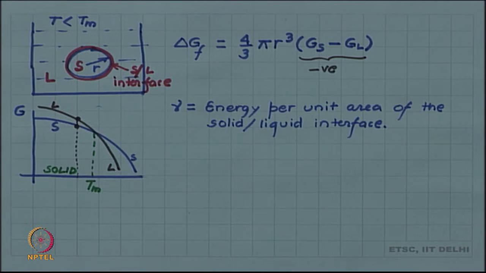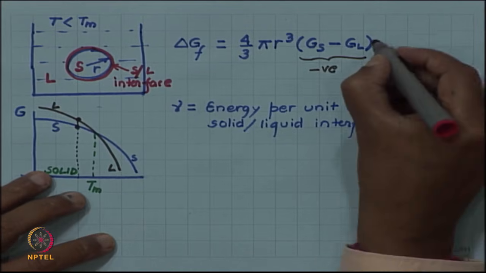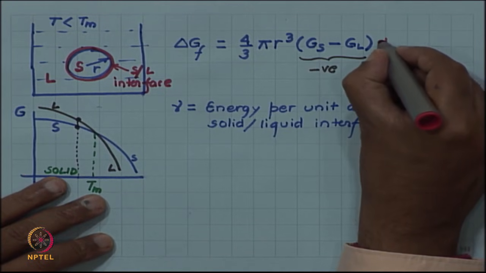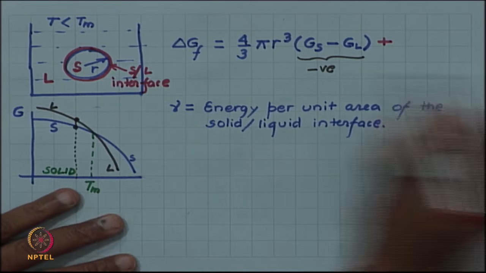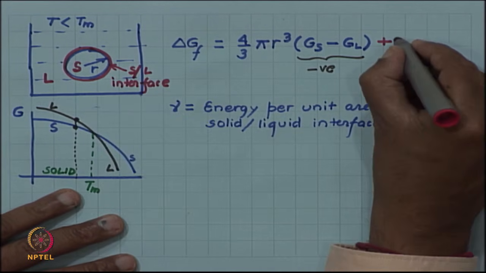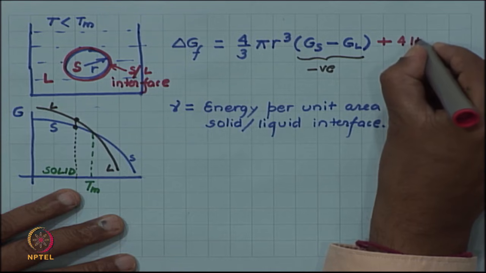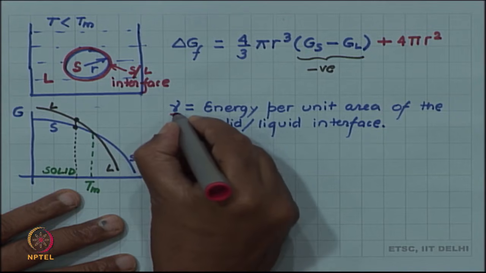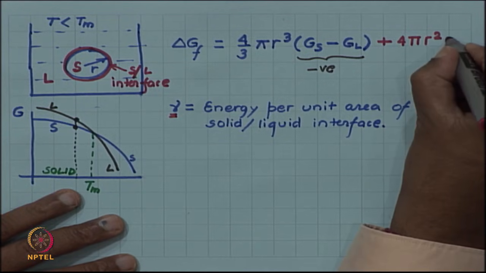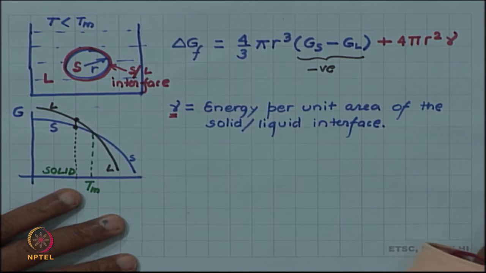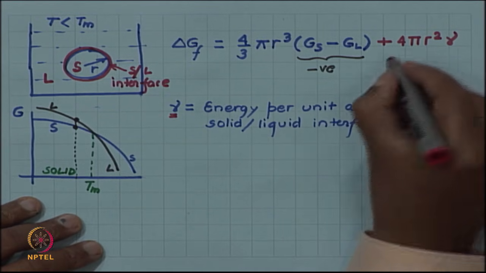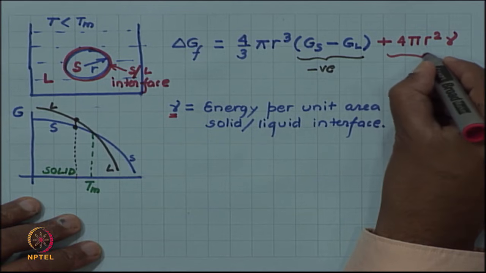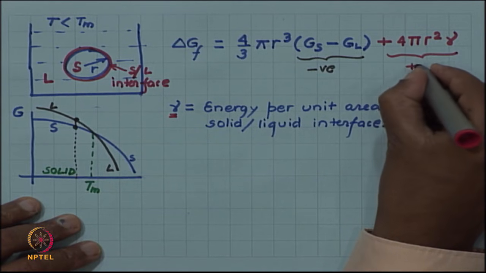And this will always be positive, and this positive term has to be added to this expression to complete it. So, let us add that. You can see that for a ball of radius r, the area will be 4 pi r square, and since gamma is energy per unit area, we simply multiply this with gamma to give us an additional term, and this additional term by its very nature you can see is positive.